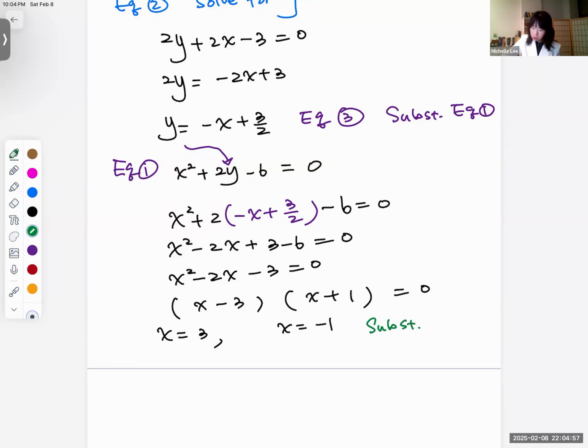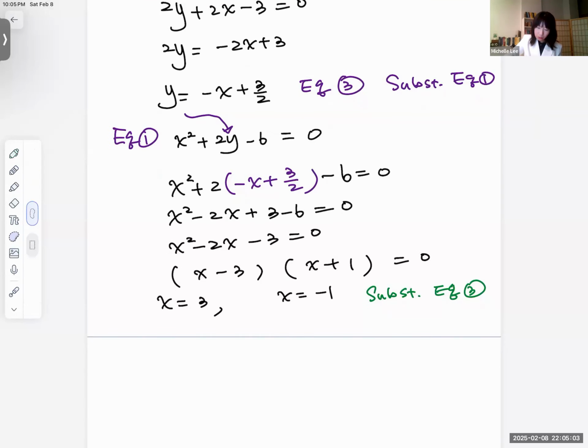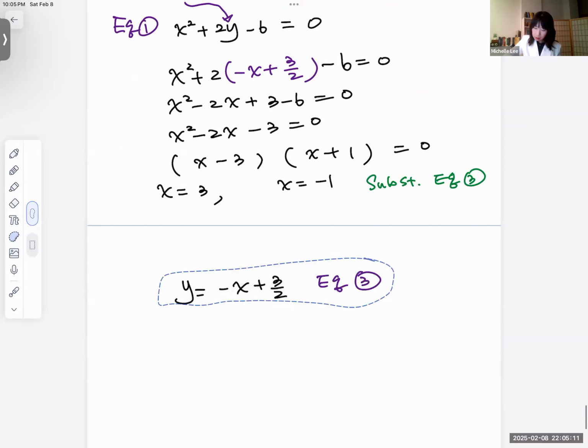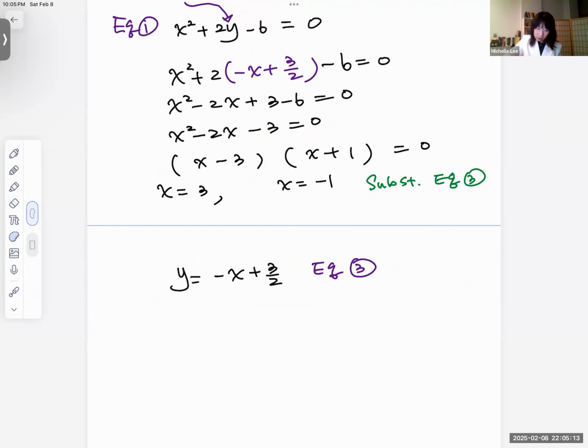Substitute into equation number 3. Copy equation number 3. We have x equal to that, x equal to that.